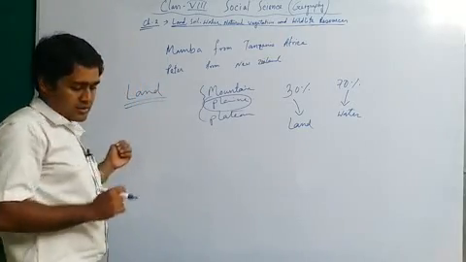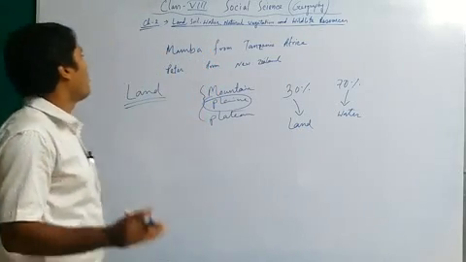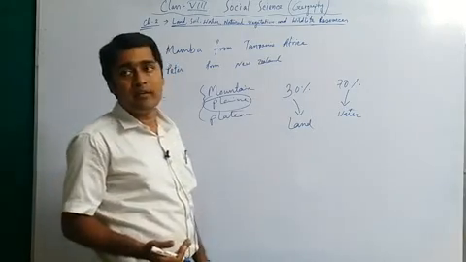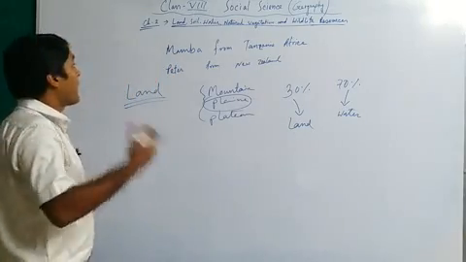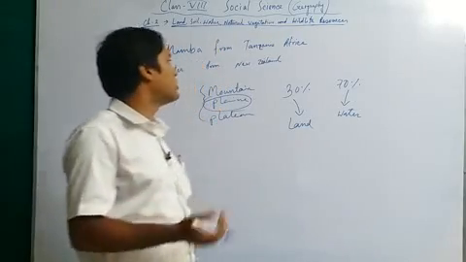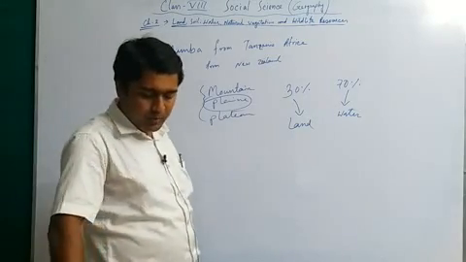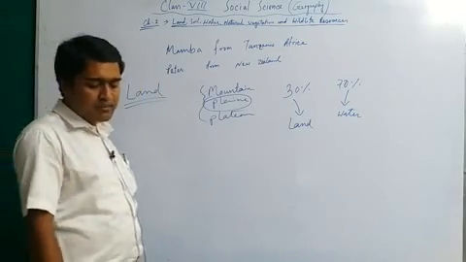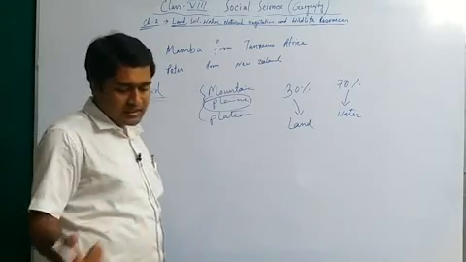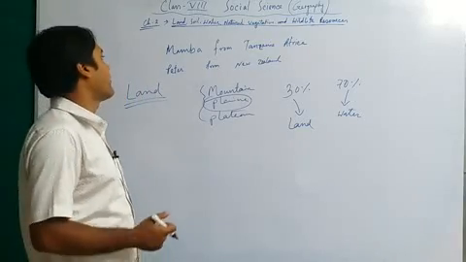So you can understand. Now, for the uneven distribution of population all over the world, there are some factors or reasons. That's why people are unevenly distributed all over the world. It is a very important question also. The uneven distribution of population in different parts of the world is mainly due to the varied characteristics of land and climate.